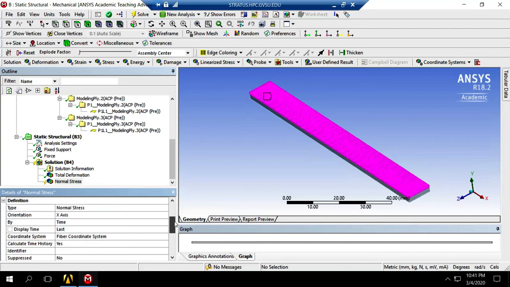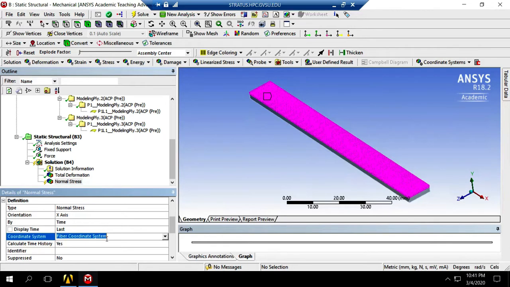If you go down, you can determine or select the coordinate system you are interested in seeing your result. We have a global coordinate system, as you see here, and we have a fiber coordinate system. Fiber coordinate system is along your fibers.